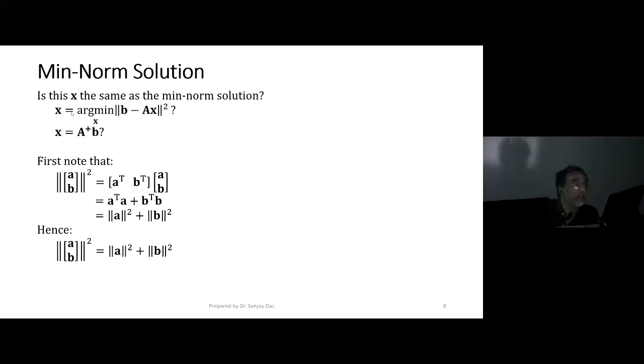So this is what we would get from the pseudo inverse method: B minus Ax, Euclidean norm squared, we're trying to minimize through x, and that is the pseudo inverse solution, x equals A pseudo inverse B. But is the reduced QR decomposition approach going to give us this same solution? That's the $1 million question. Are you guys with me?